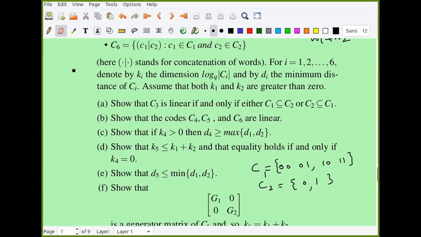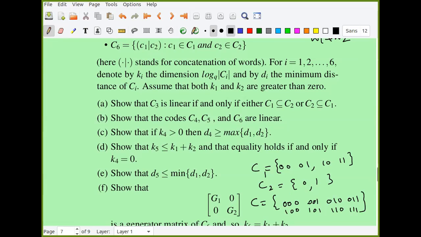C is equal to 00010, okay, this 0 can be added to all of them, right? 000, 001, 010, 011. Now 1 is added to everyone. So 100, 101, 110, 111.